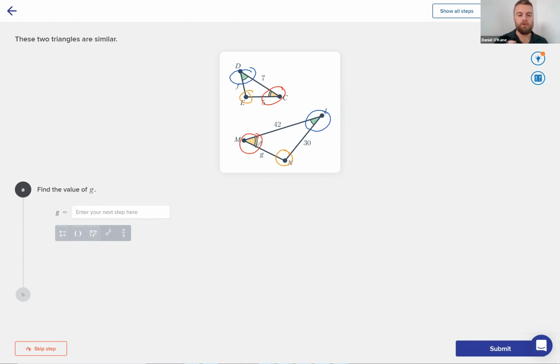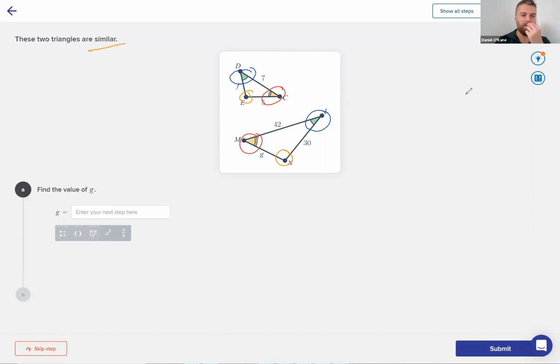So we've got those 3 angles that are the same, so I know these triangles are similar. But I'm already told that in the question. I'm just double checking. So now I can determine what that scale factor is to find the value of g.